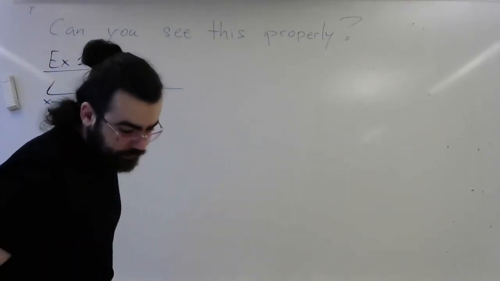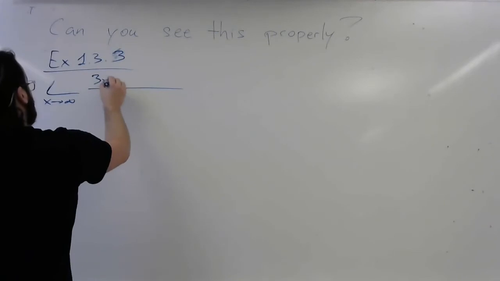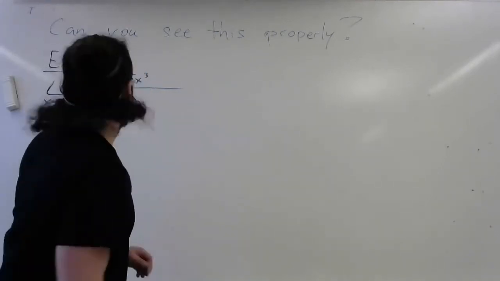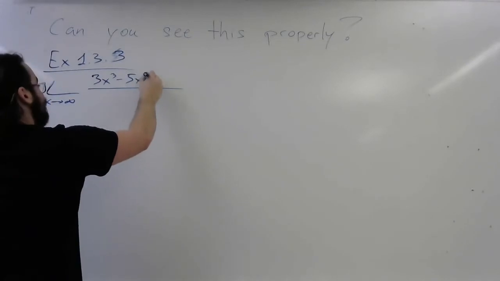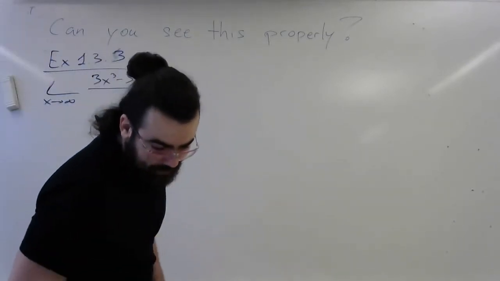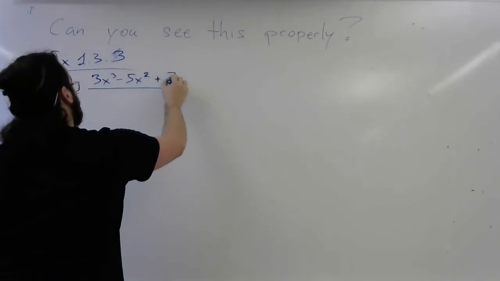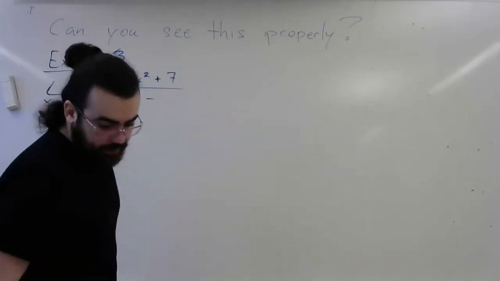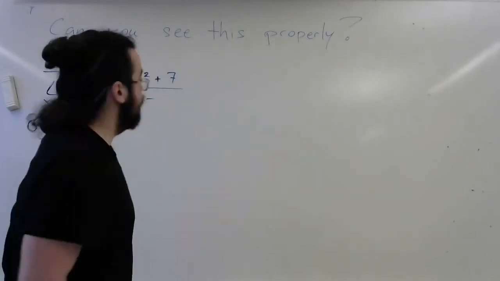And up top we have 3x cubed minus 5x squared plus 7. And then at the bottom we have x to the 8 plus 2x minus 5x cubed.